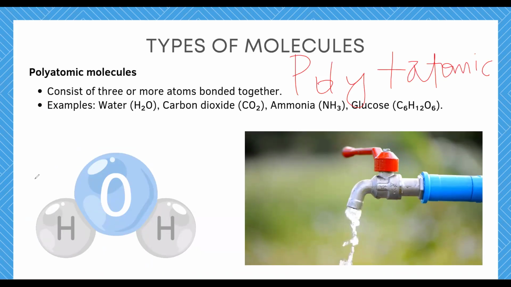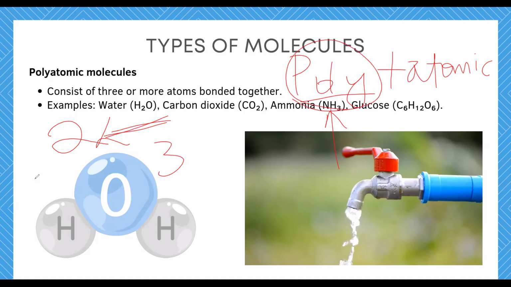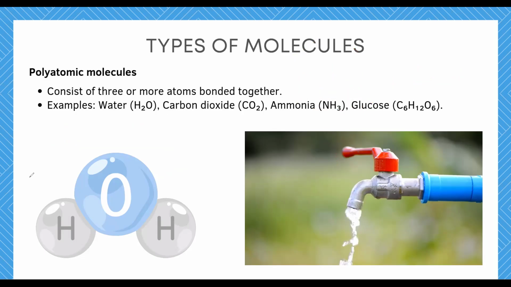Dominic, when we use the word poly, what do we mean or what are we referring to? Something more than three. Okay, something more than, in this case, we're saying more than two, because three and above is where we use the word poly. So now when we say polyatomic, we're talking about molecules that contain at least three or more atoms that are joined together.